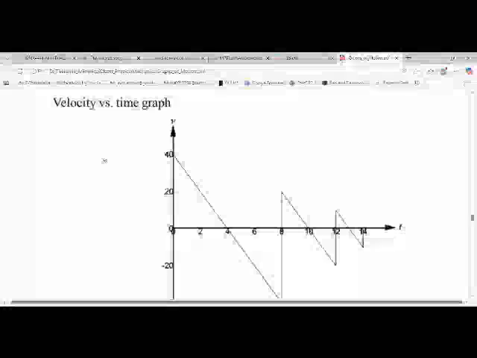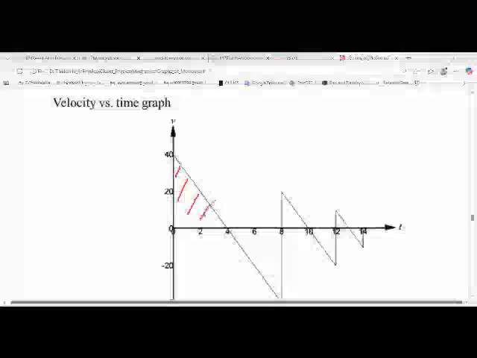If you want to find the first bounce height, you can find this area. The area means half into base into height. Half into base means 4. Height means 40. Okay. Also, you can find this area using this couple of details.